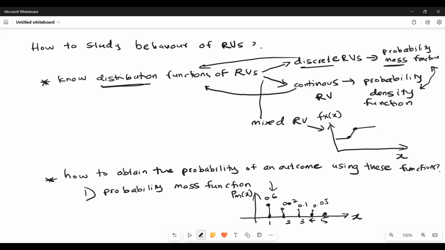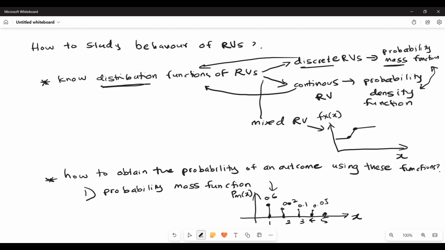So in the probability mass function, it is very easy to find the probabilities. The probability of each outcome is given by the probability mass function. So if the outcomes are 1, 2, 3, 4, 5, and each outcome, if we say 1, has a certain probability, that is the probability of that event occurring.